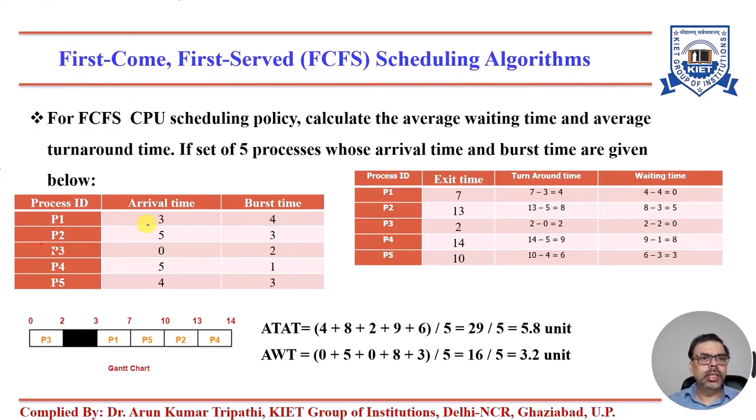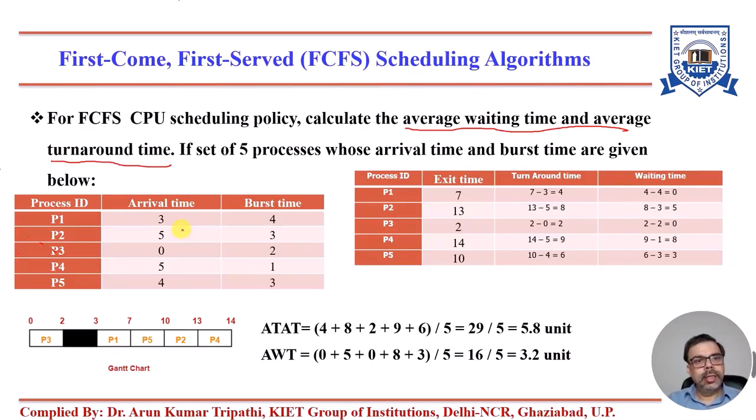We are considering five processes that have the arrival time and burst time given. We have to find out the average waiting time and average turnaround time. So how will it get calculated? Let us see.